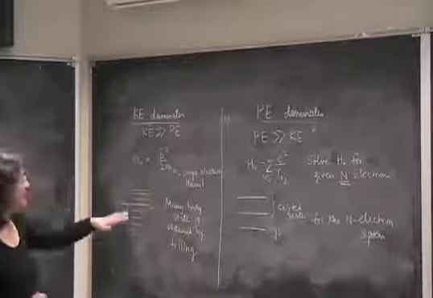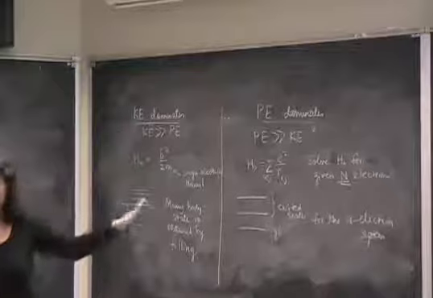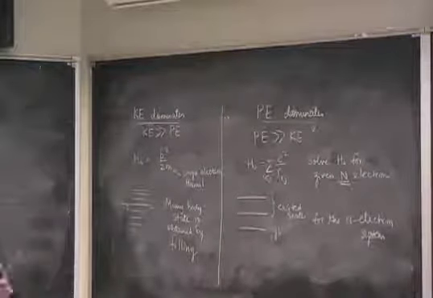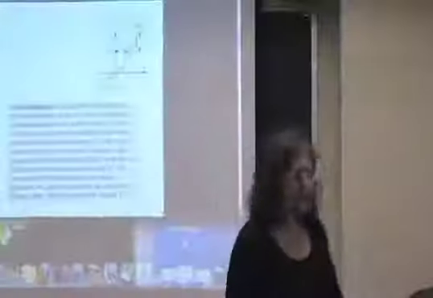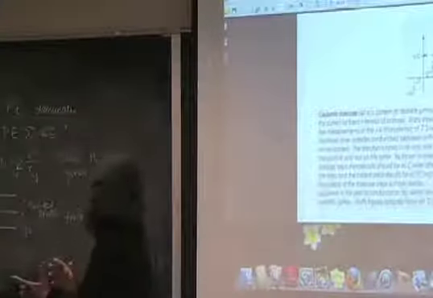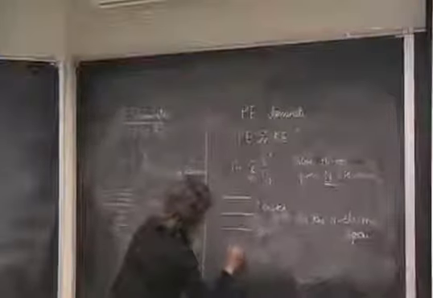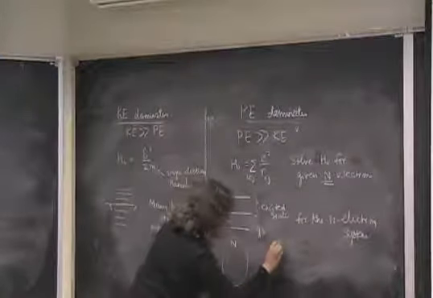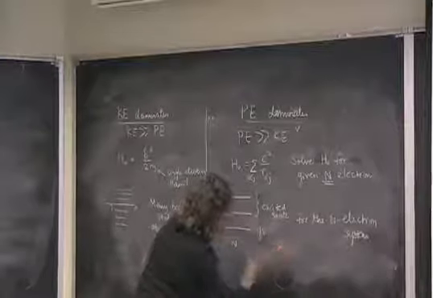Okay, so now when we are talking about tunneling, what are we tunneling into from one to another? What you're tunneling into is, you're looking at a dot in 2 different situations. So you're looking at a dot here with n electrons, and a dot here with n plus 1 electron.